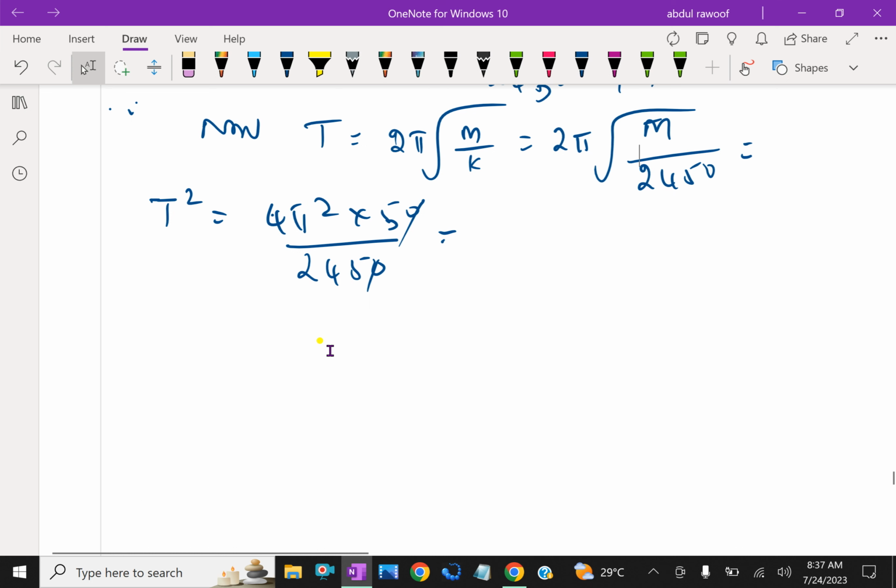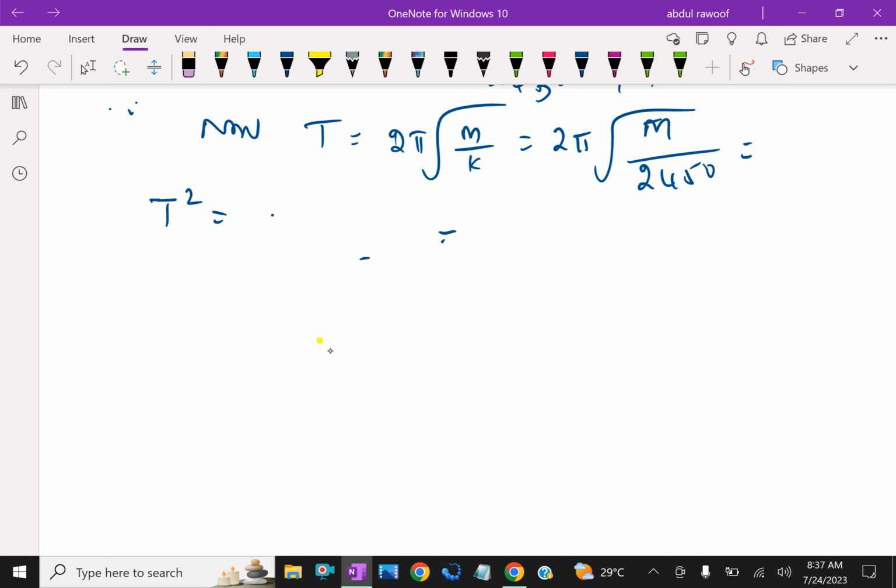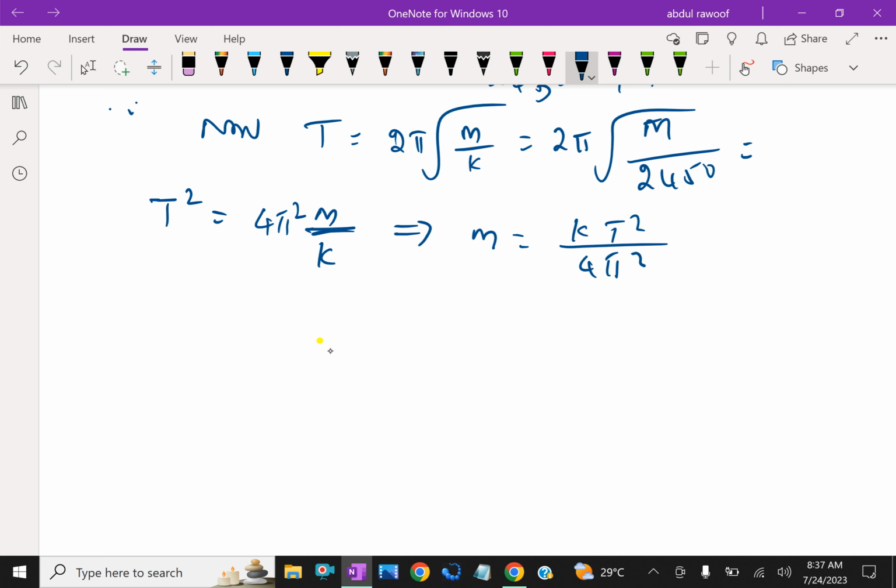So from this, T square equal to 4 pi square m by k. From this, m equal to k T square over 4 pi square.